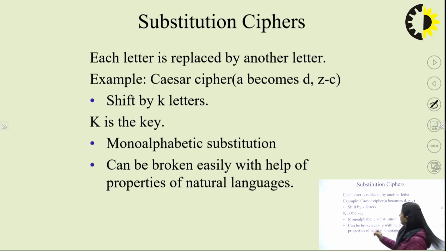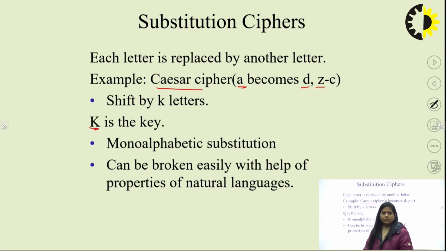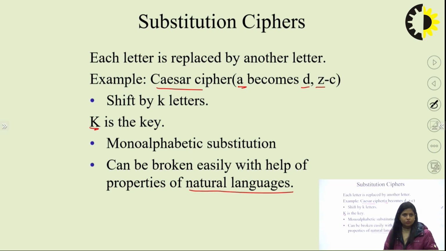For example, if we use the Caesar cipher, A becomes D. A becomes D. That means from Z to C we will be checking, right? So, we can shift by K letters. What is this K? K is the key. It is a monoalphabetic substitution and can be broken easily with the help of properties of natural languages.